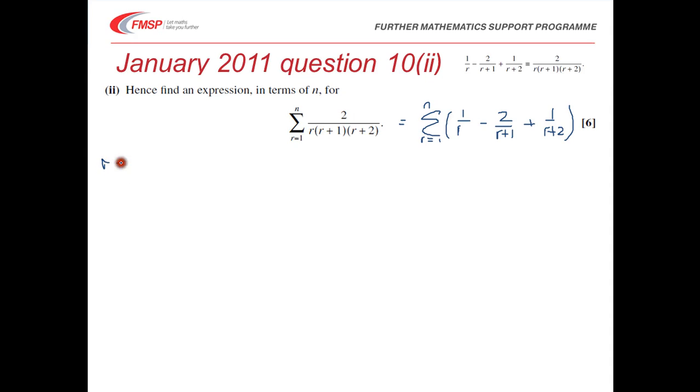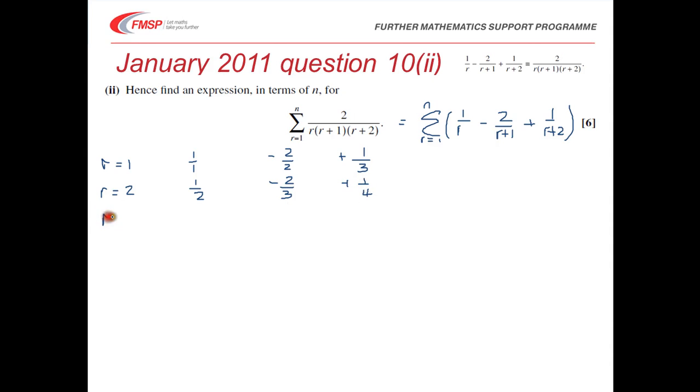So if we take r equals 1 first of all, then we'll get a 1 over 1 for our first term when I substitute it in here, minus 2 over 2, and then a 1 over r plus 2, which will be a 3. I'm writing those terms reasonably far apart so that we can see what happens as we progress. So when r is equal to 2, we'll get 1 over 2, and then a minus 2 over 3, and then a plus 1 over 4.